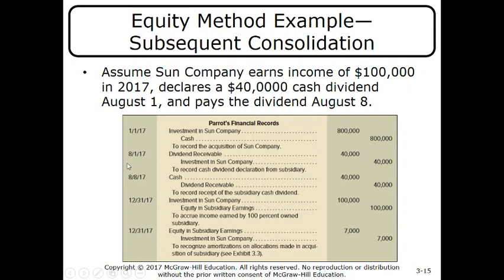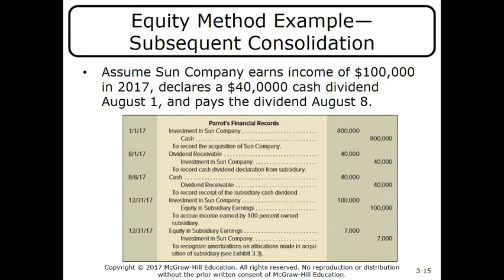Now, here are the subsequent events that occur. On 8/1/17, there's a dividend declared of $40,000, so they debit a dividend receivable of $40,000, and they reduce investment in Sun Company by $40,000. On 8/8, they receive the dividend, so they debit cash and credit the dividend receivable.